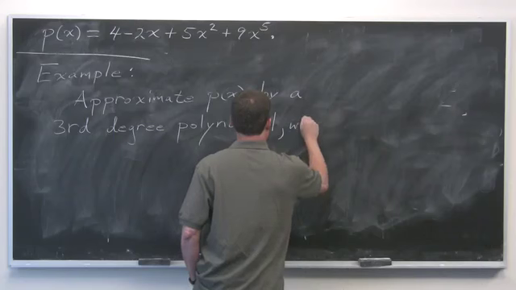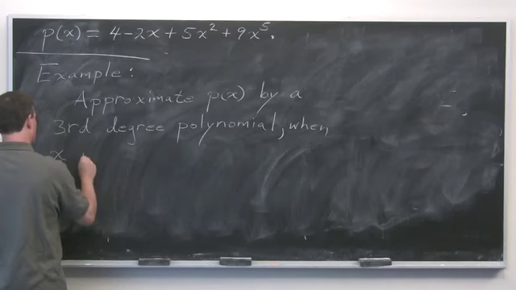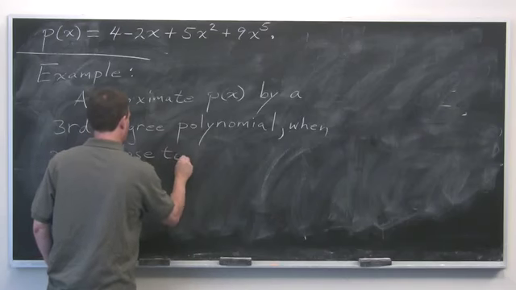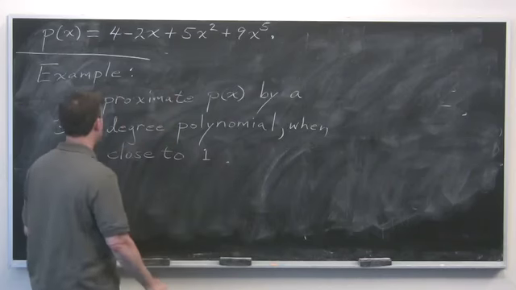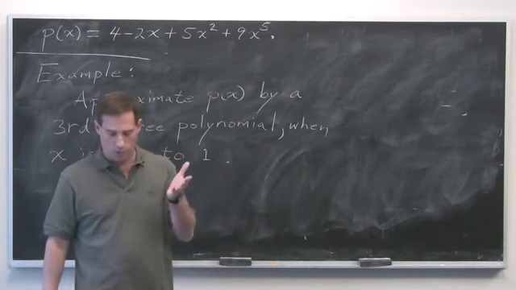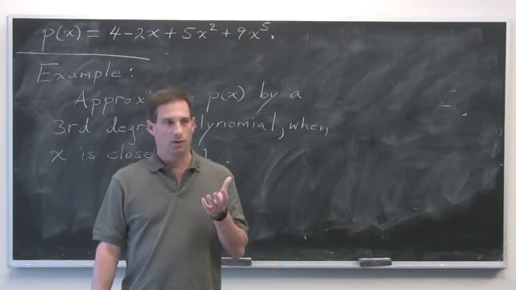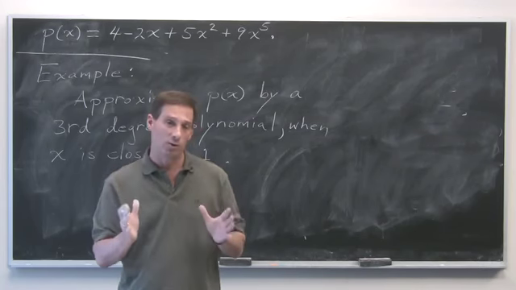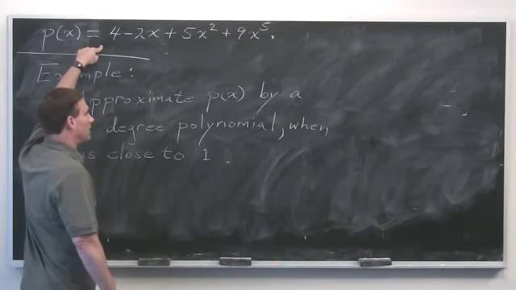when, well, we'll keep picking on 1, when x is close to 1. All right, this is what we'd like to do. Now, we know how to approximate polynomials when x is close to 1 if we were given the polynomial in powers of x minus 1. But we're given this polynomial in powers of x.